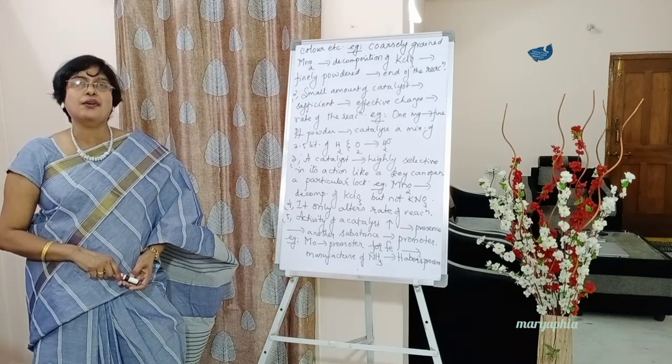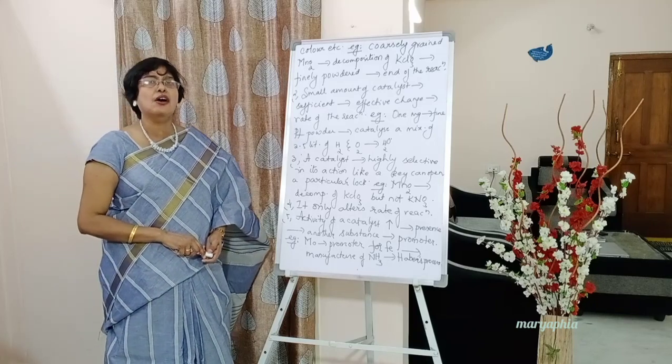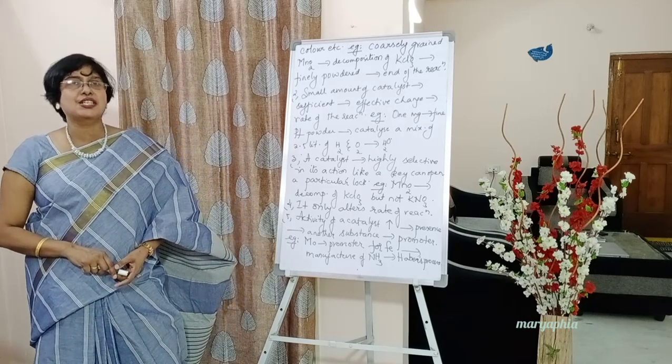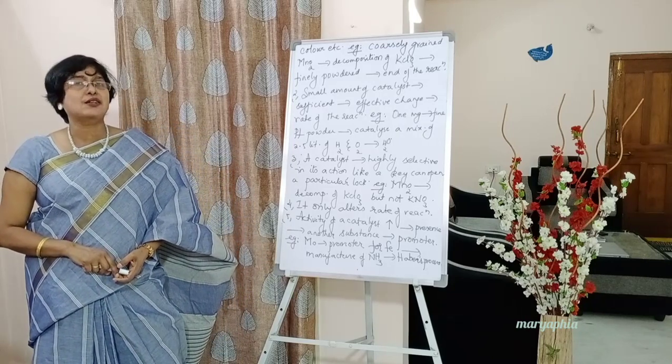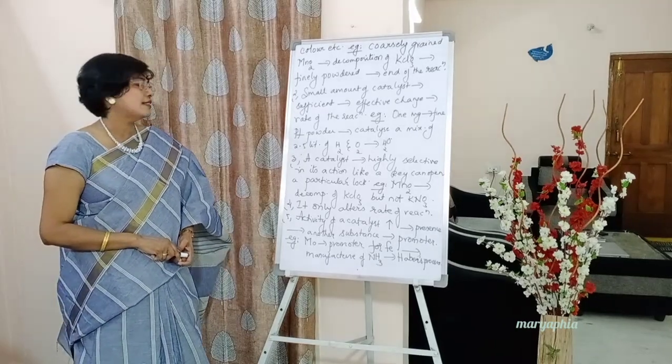So how much are we adding? Just 1 milligram of platinum black powder is used to catalyze a mixture of 2.5 liters of H2 and O2 to form water.